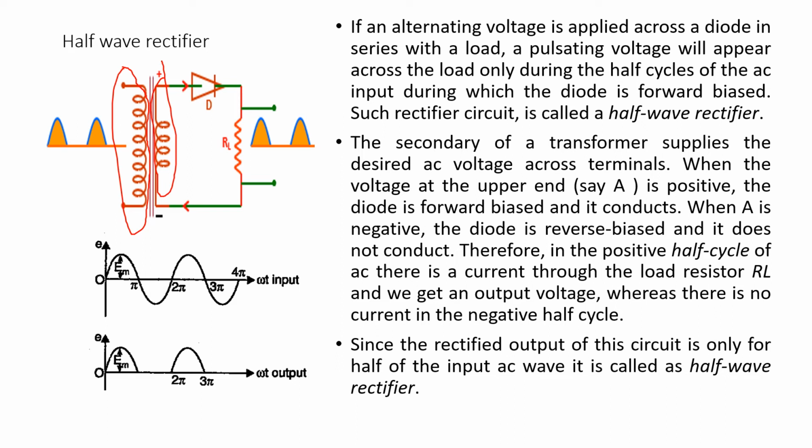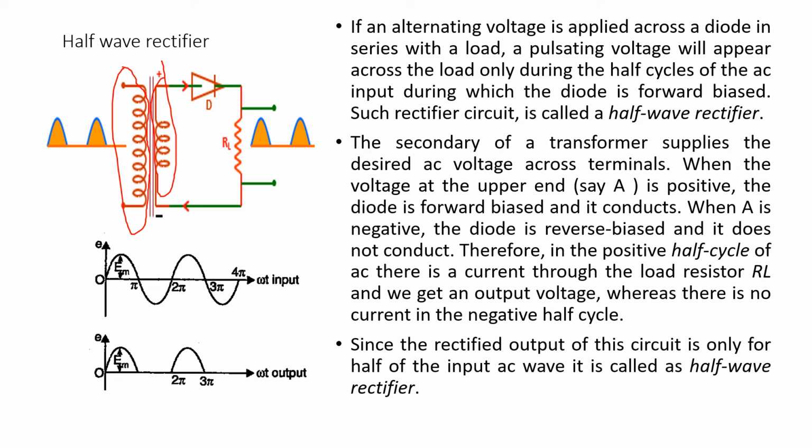The secondary of the transformer supplies the desired AC voltage across the terminals. When the voltage at the upper end A is positive, the diode is forward biased and it conducts. When A is negative, the diode is reverse biased. During the negative half of the cycle, the diode is reverse biased and it does not conduct.